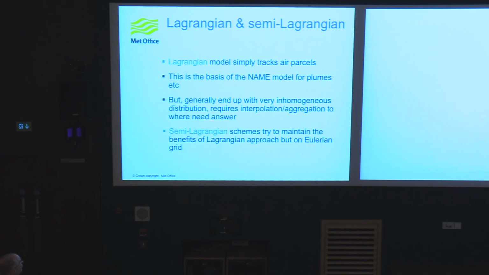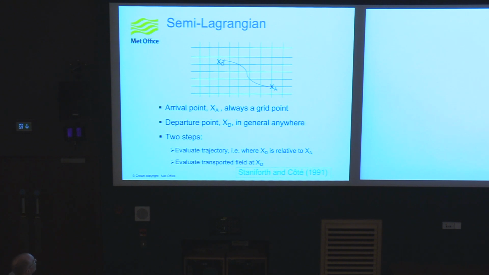So in the Unified Model, what we do is what's known as a semi-Lagrangian scheme, and this tries to take the best bits of both worlds. So it tries to take aspects of the Eulerian scheme that we like, but combine those with the aspects of a Lagrangian scheme that we like. And I'll explain how we do that now.